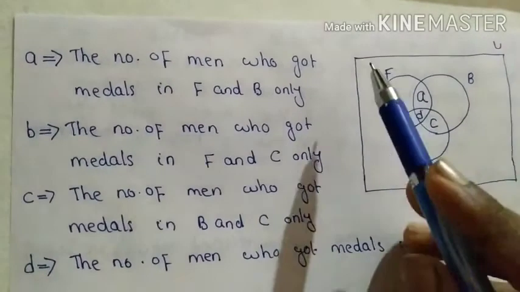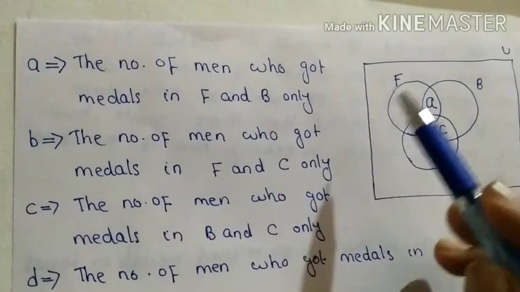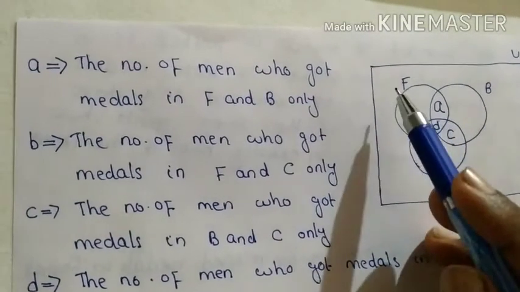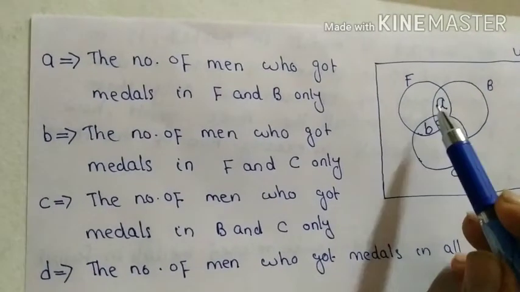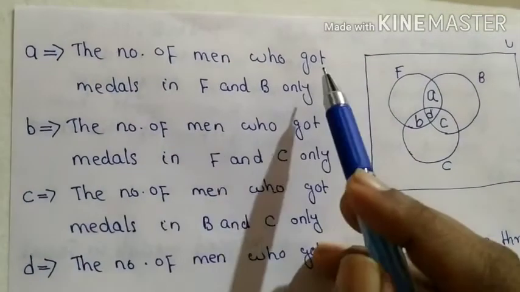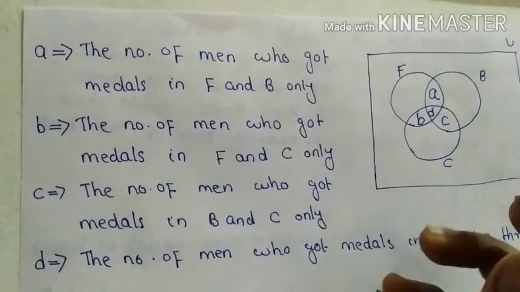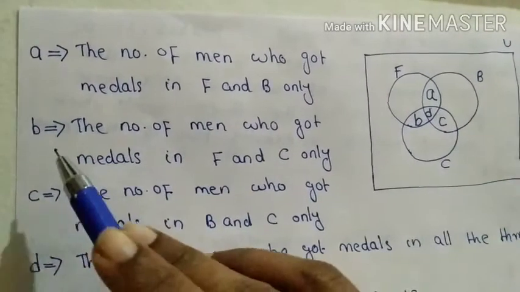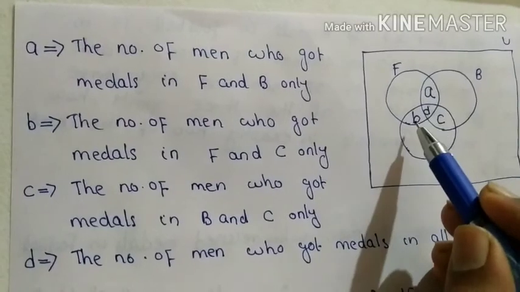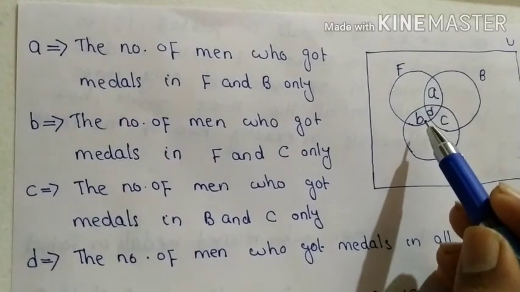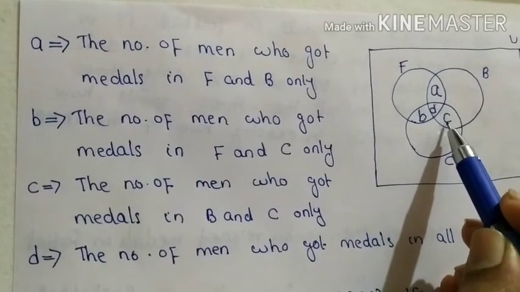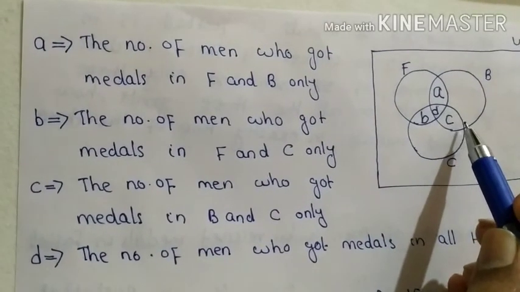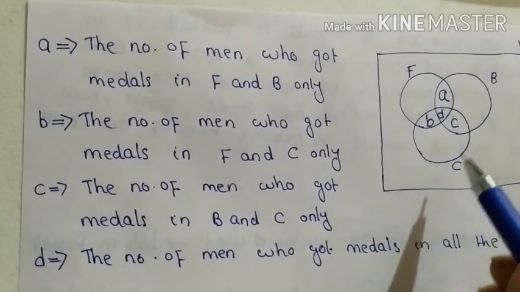We know that this is the Venn diagram of three sets F, B and C. So here A denotes the number of men who got medals in football and basketball, and B denotes the number of men who got medals in football and cricket, and C denotes the number of men who got medals in basketball and cricket.